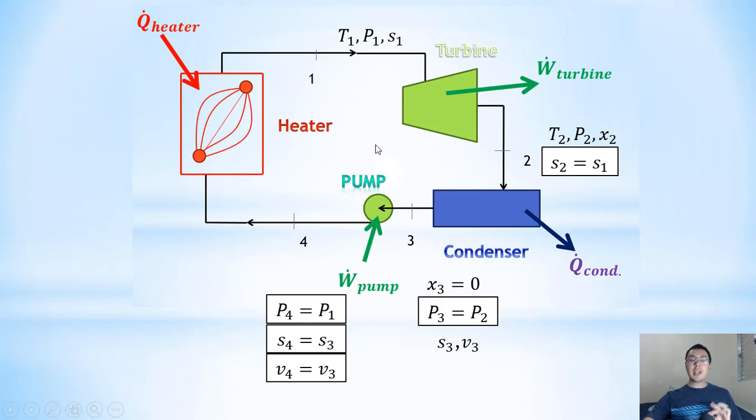At point 4 we also have liquid. When we increase the pressure of a liquid, the variation of the volume is very low. So as an approximation, we can consider that the volume at point 3 is the same as at point 4.